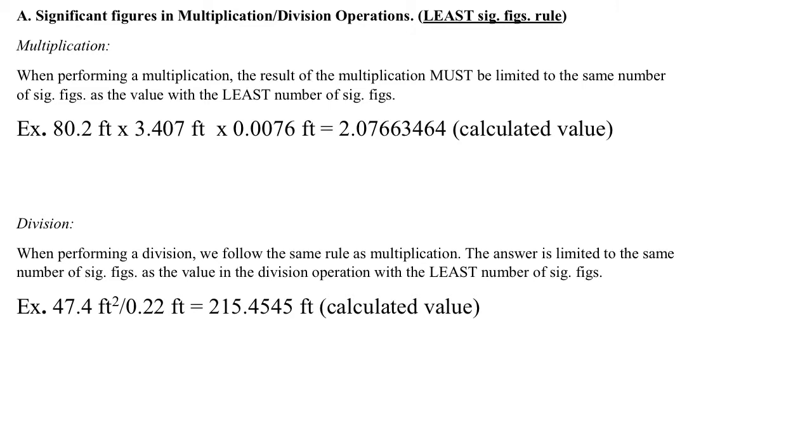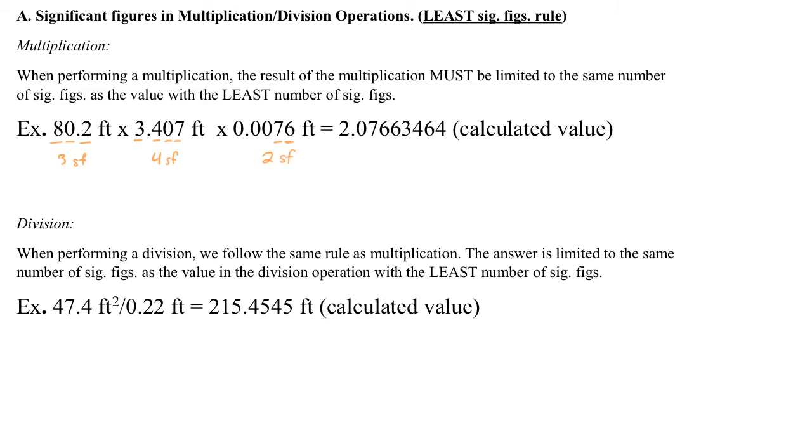Our first step should be to assess how many significant figures there are in each of these terms. Let's go ahead and do that first. The first term, 80.2 feet, has 3 significant figures. The second term, 3.407, has 4 significant figures. And the last term, 0.0076, has 2 significant figures.